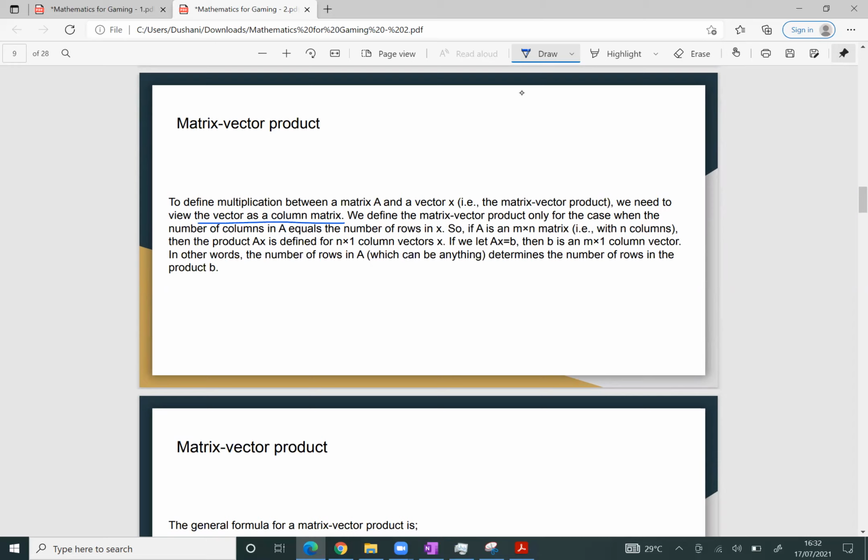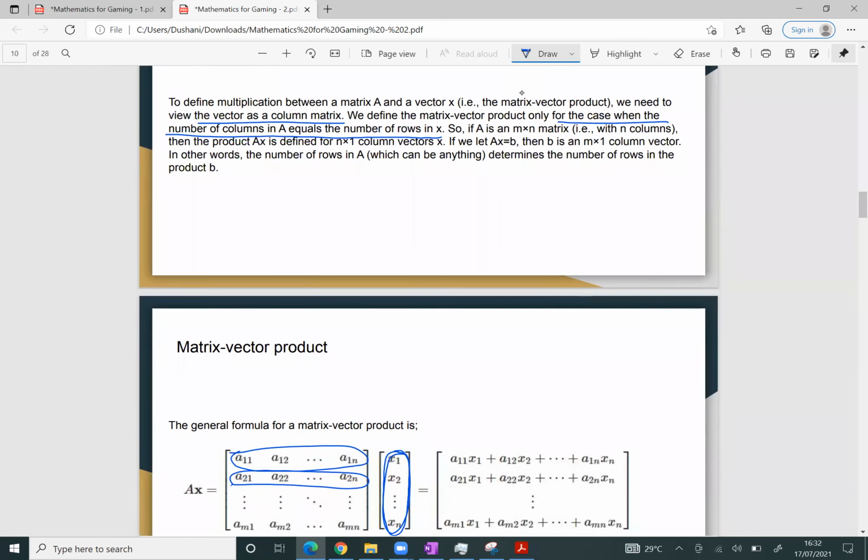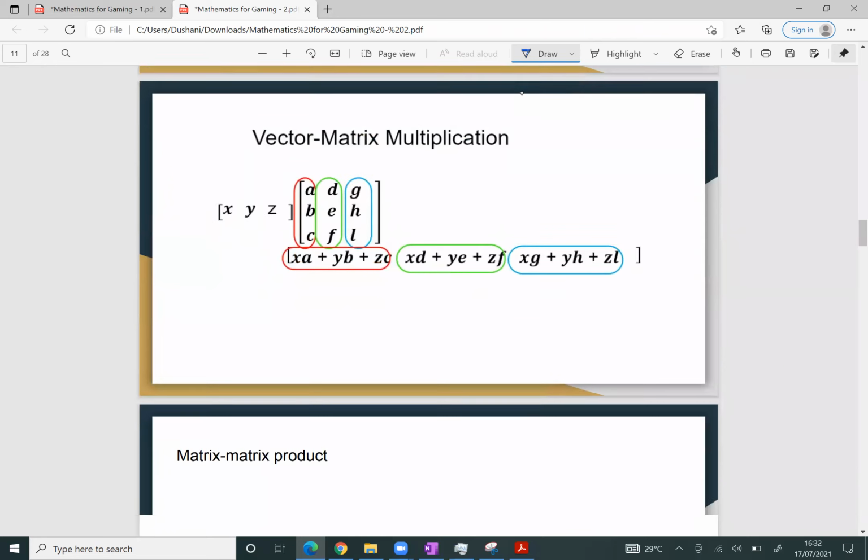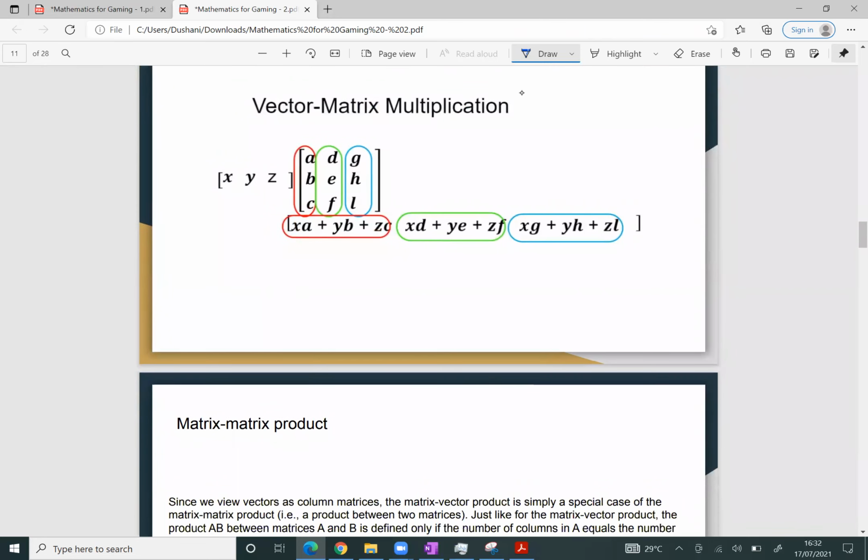And the multiplication is defined for the case when the number of columns in the matrix is equal to the number of rows in the vector. You can see it here as well. This is multiplied by this, and then this finally with this.